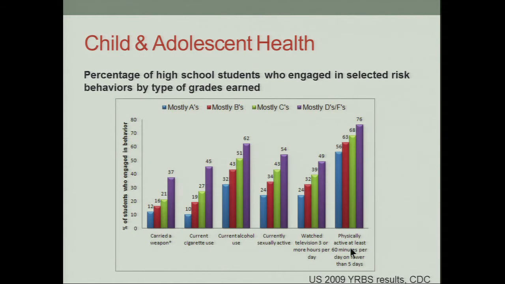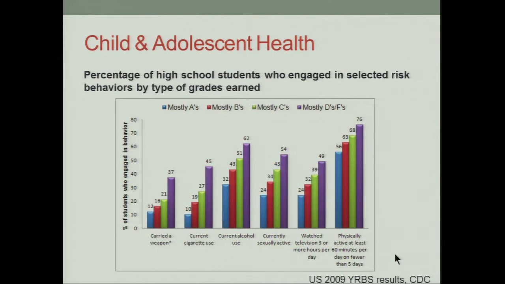But perhaps more importantly for us as pediatricians, we also know that how our patients perform in school is tightly linked to their health behaviors and outcomes in childhood and adolescence. This is data from the Youth Risk Behavior Survey, which is a national survey of high school students. It's administered by the CDC. In 2009, as part of the survey, they had participants self-report what grades they got in school.